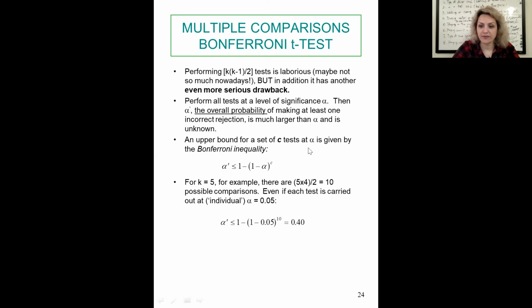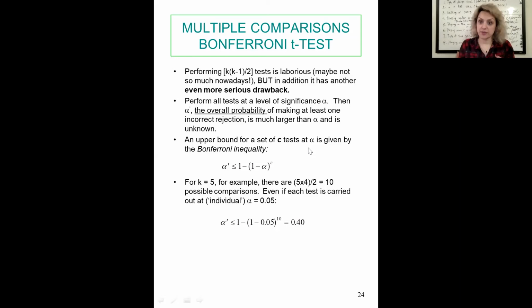Let's look at an example, which will make it easier to understand. If k is equal to 5, there are k times (k minus 1) divided by 2, so 10 possible comparisons between the 5 treatments.